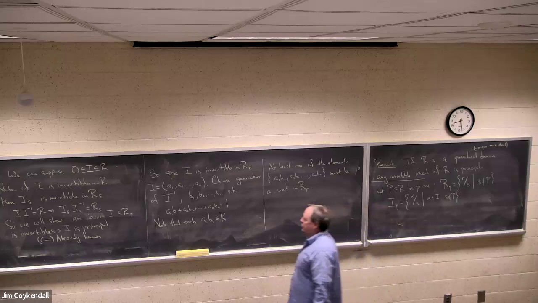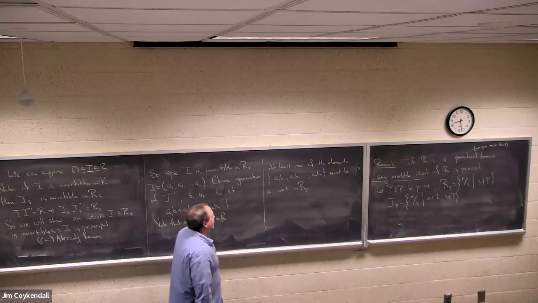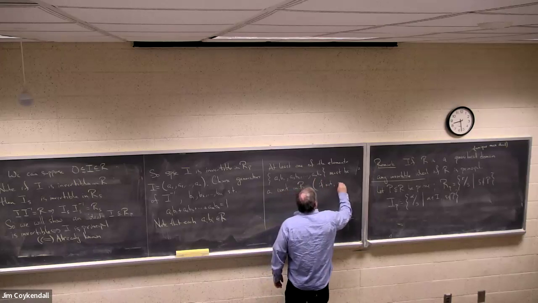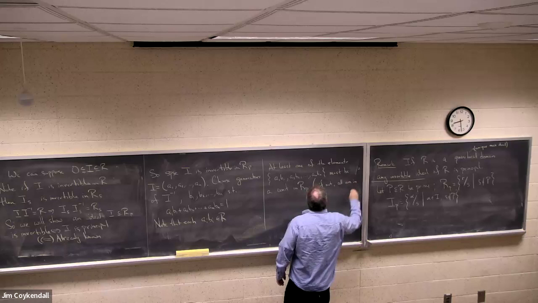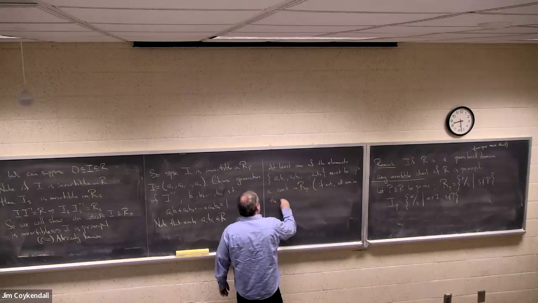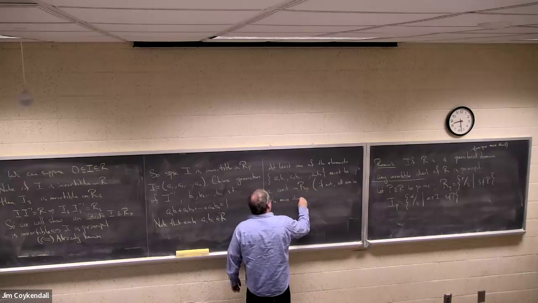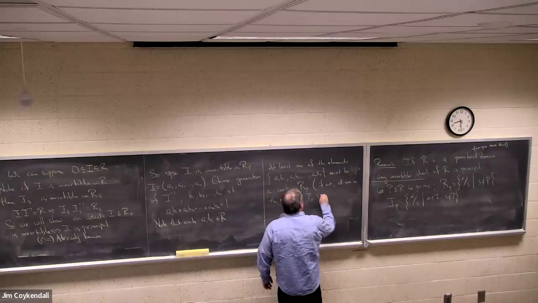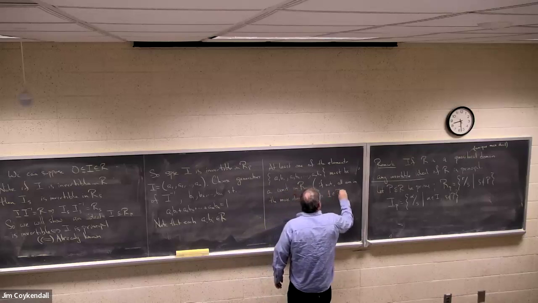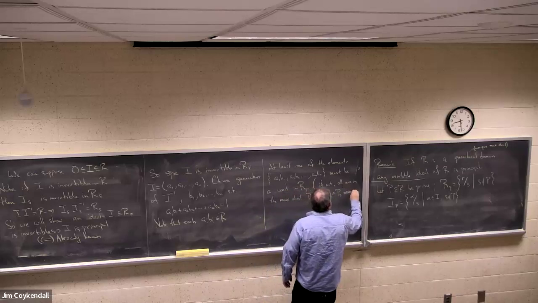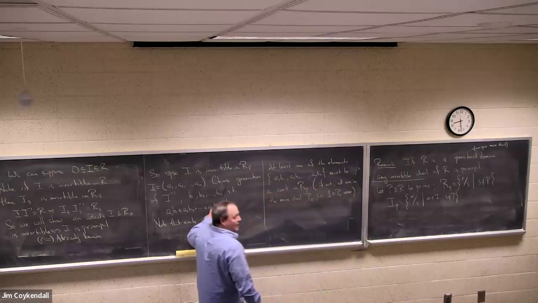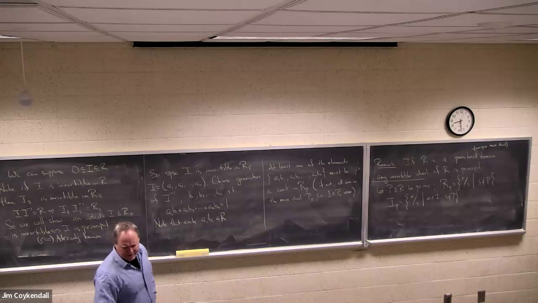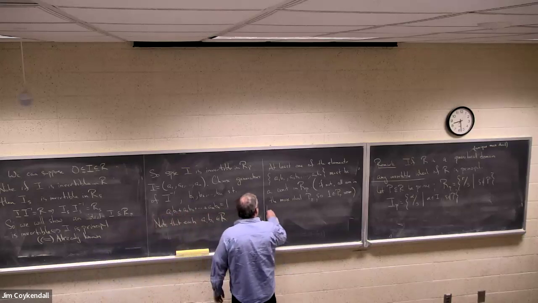If none of these are units, then they all have to be in the maximal ideal, which is actually P localized at P, but it doesn't matter what you call it. So one is a unit. Let's say that A1B1 is a unit.